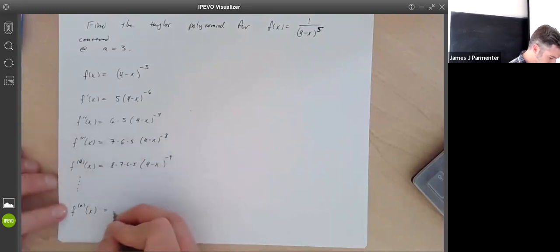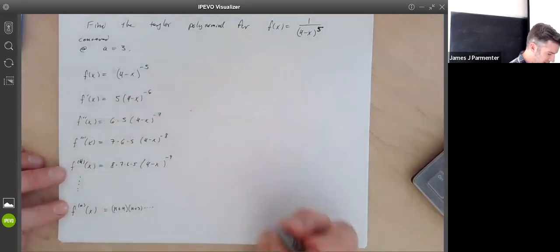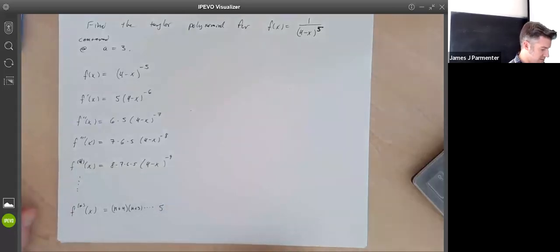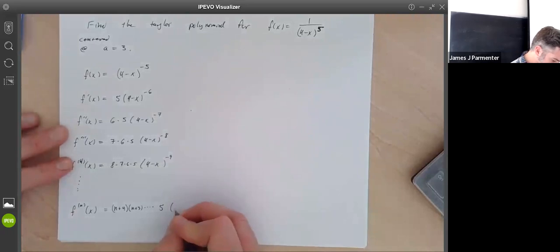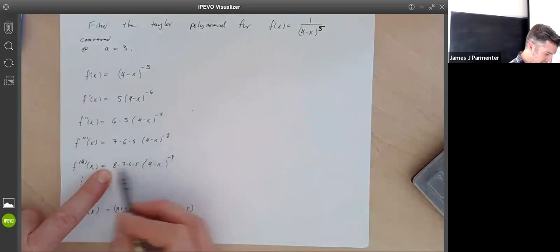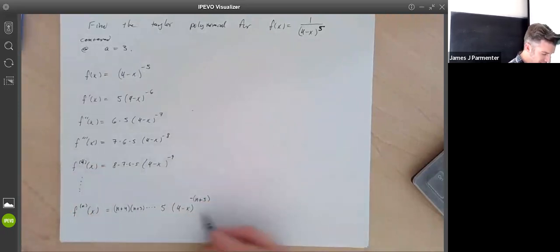So I'm going to want n plus 4 times n plus 3 all the way down to 5, and maybe it's not going to work for the first term, we'll see. Then I'm going to have (4 minus x) to the negative (n plus 5). That part's not really going to matter, though, because we're going to plug in 3.